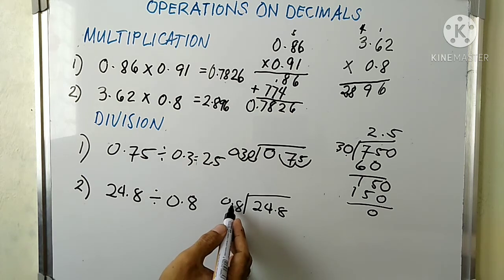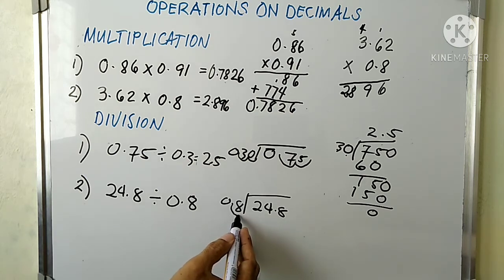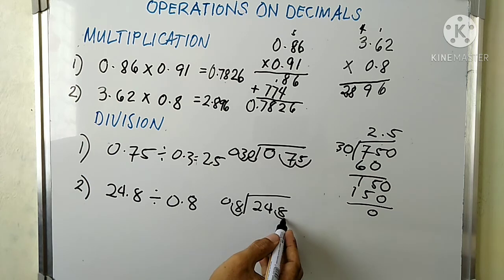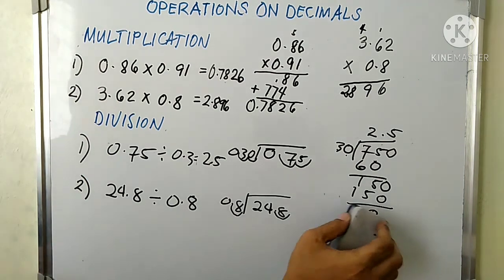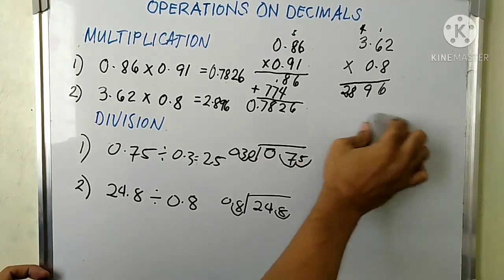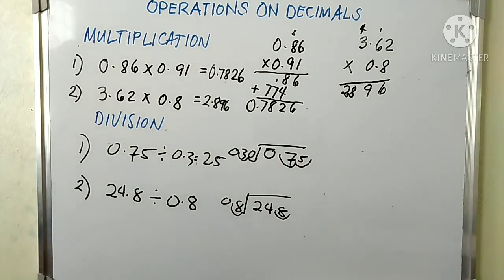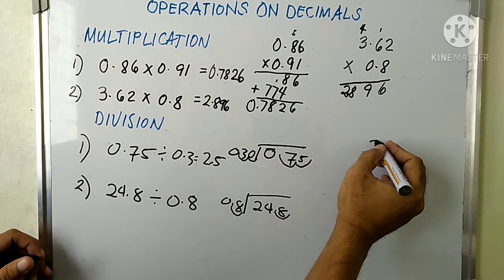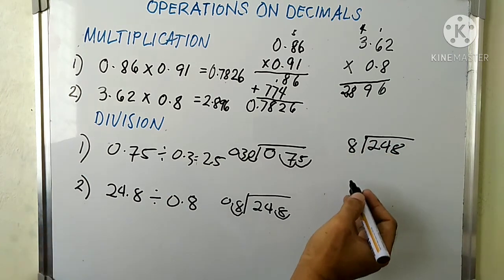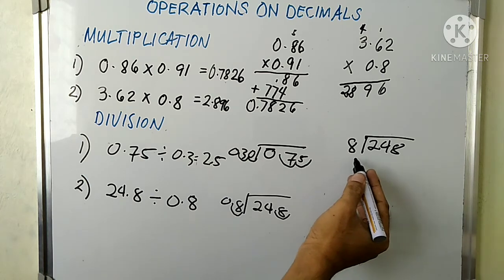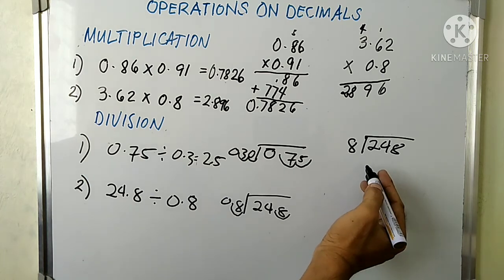So let us move this decimal here, and we have here 248 divided by 8. So we do not have decimal points anymore, so we can divide this easily.